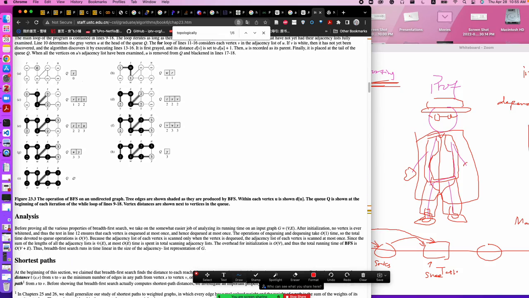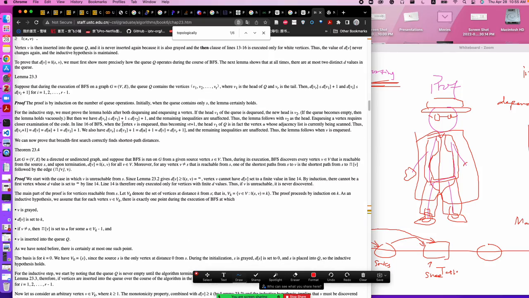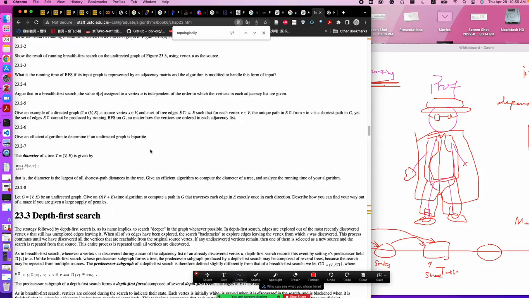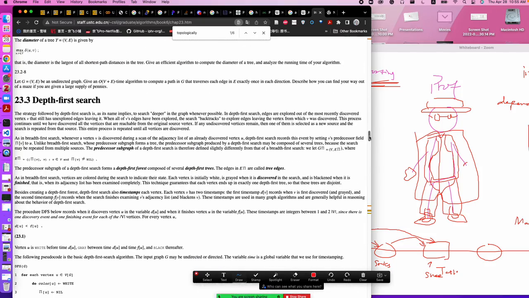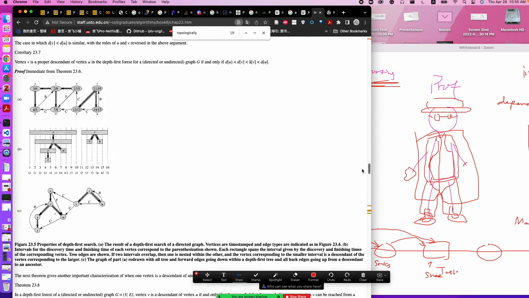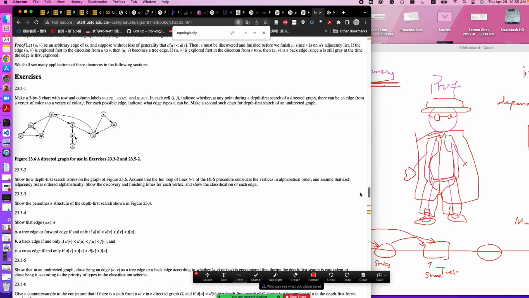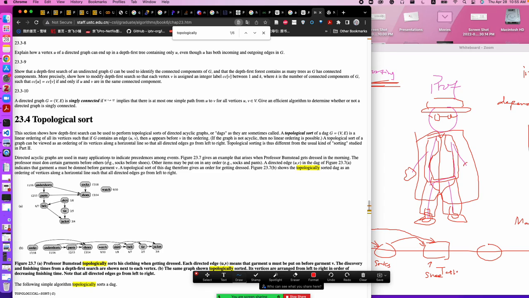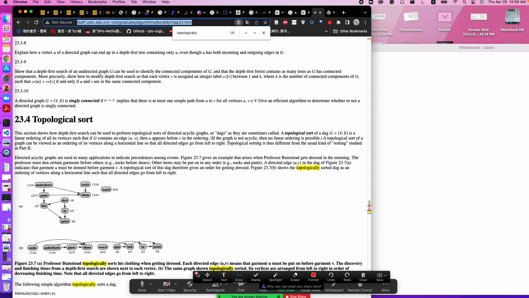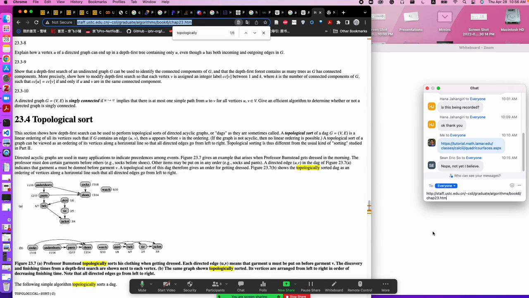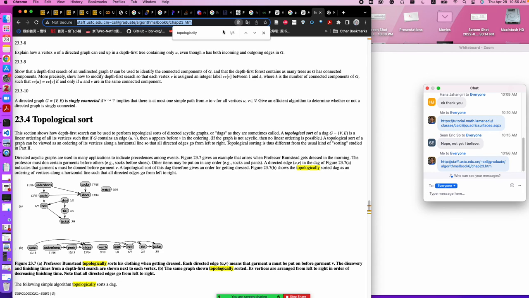If anyone is interested, I can expand on these topics, but I would rather ignore that part. Another one is the topological sort. I will share these book chapters to our chat box and also to the Discord.